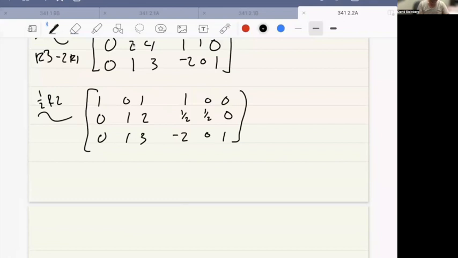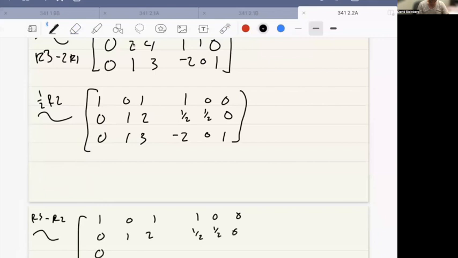All right, so let's do row 3 minus row 2. That first row still hasn't really gone anywhere, neither has the second.